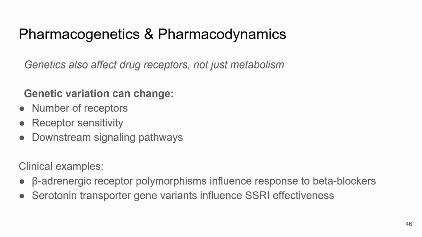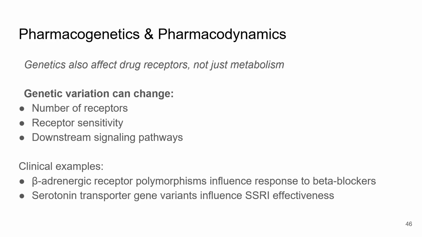Okay, so at this point, we've looked at how genetics affect drug metabolism, but genetics also play an important role at the receptor level. Genetic variation can influence the number of receptors a patient has, which affects how much response a drug can produce. More receptors may increase responsiveness, while fewer receptors will blunt the effect of the medication. Genetics can also alter receptor sensitivity.